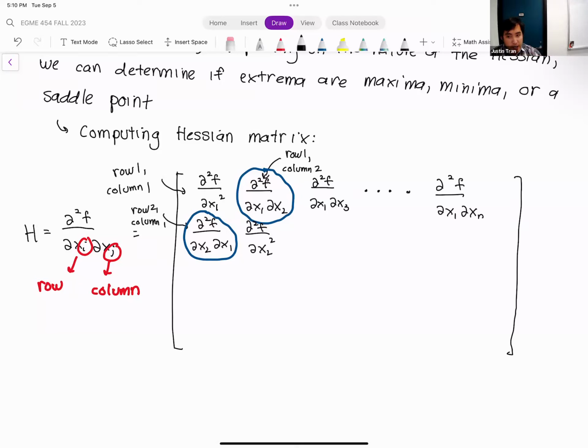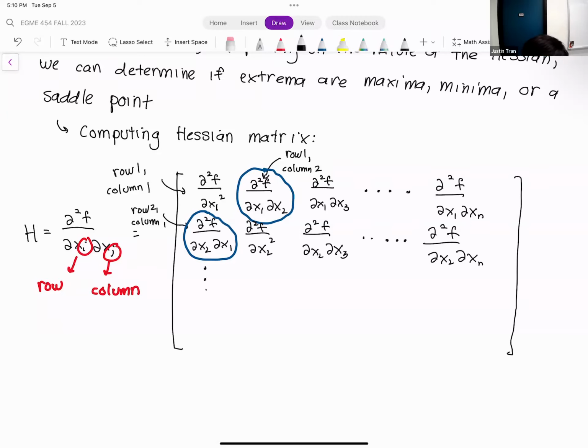Then we go to the next entry. That's row 2, column 2, so that's partial squared f, partial x2 squared. Then partial squared f, x2, partial x3. Continue this down, we have partial squared f, x2, partial xn.